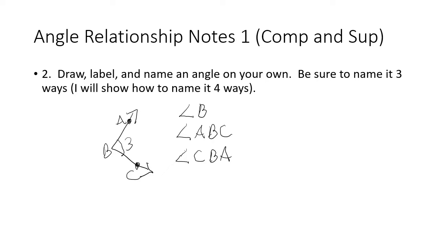Now, I'm going to name it a 4th way, that may or may not be how you've seen it before. If you ever have a number that is actually inside of it, and it is not a degree, so it's not like 3 degrees or 50 degrees, it's just a number, then you can actually call it angle 3. And you will see that from time to time.